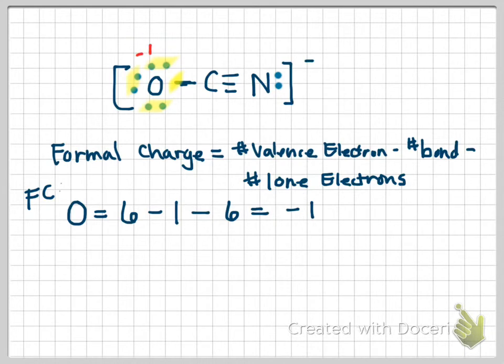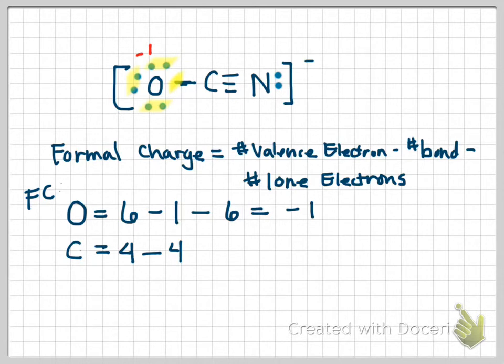Now we can look at carbon. Carbon here has 4 valence electrons, and again, I know that from the periodic table, minus the number of bonds, so carbon has 4 bonds.